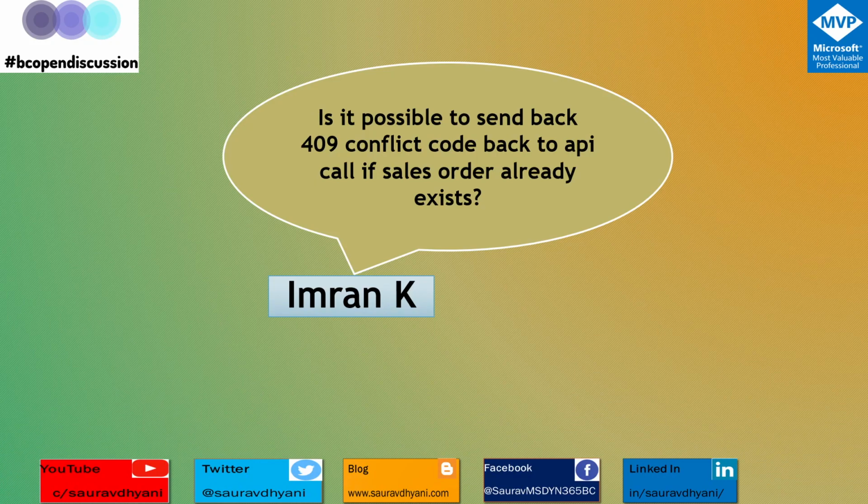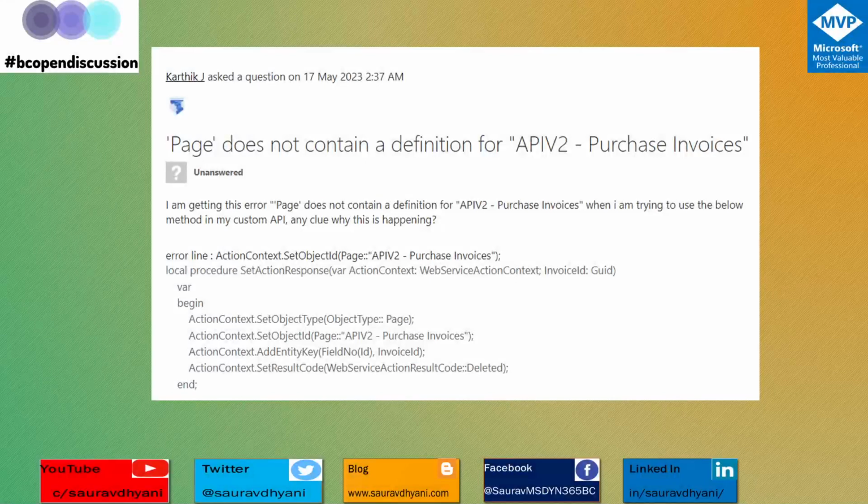Okay, let's quickly move to some community questions. I'll not spend much time on those. The first one is: page does not contain a definition of API v2 purchase invoices. The person asking this question is Karthik, and he's saying that he's getting an error message while, it seems, trying to call a bound action.